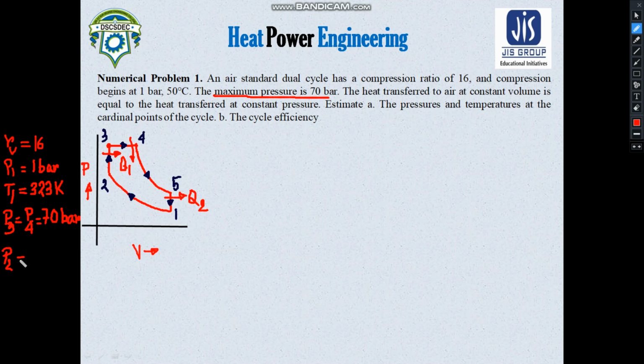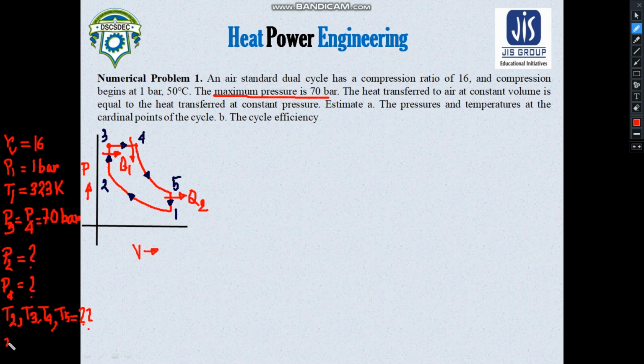Then what are the quantities you need to find out? First of all, you need to find out P2. Then you need to find out T2, because only T1 is given here. You need to find out T3, T4, and T5.